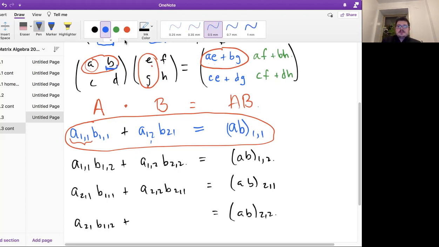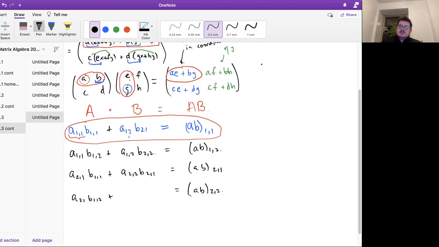And that's here. B21, that's here, second row, first column. Let's just remind ourselves what that notation means. This means it's the entry in the first row, second column.